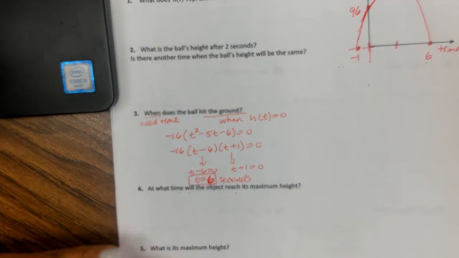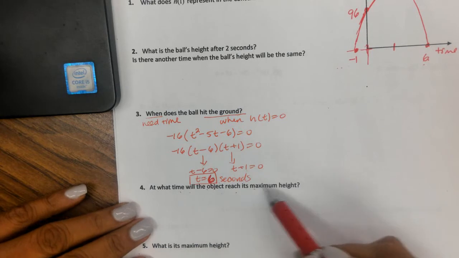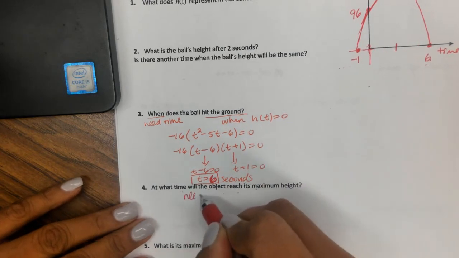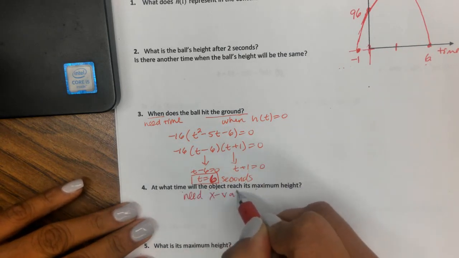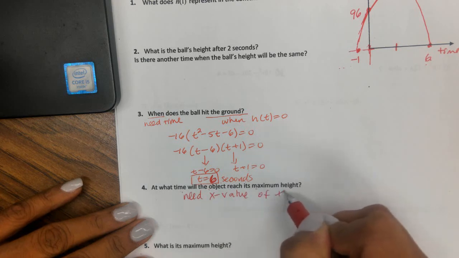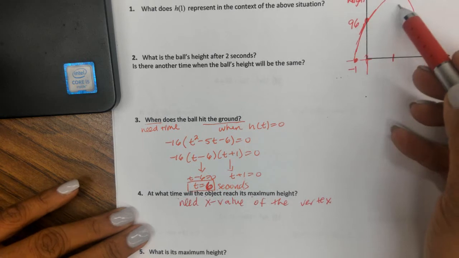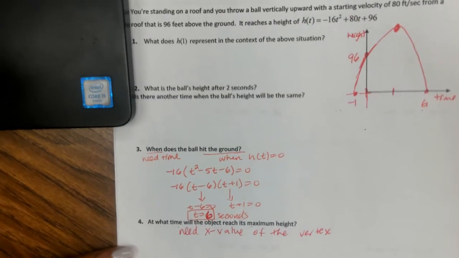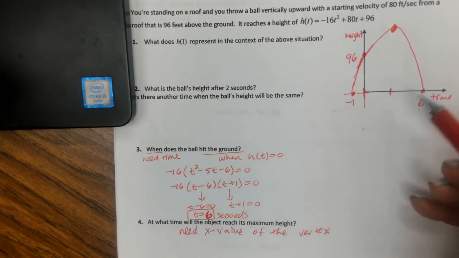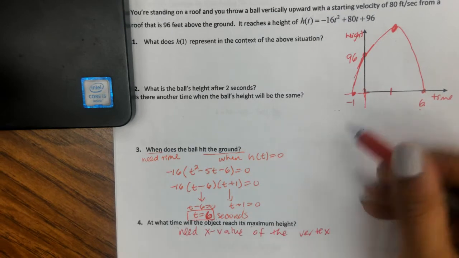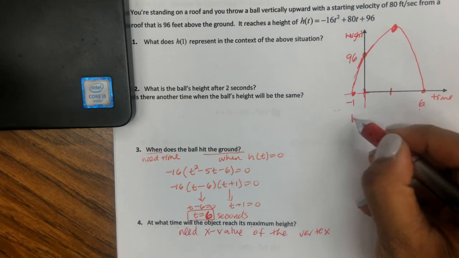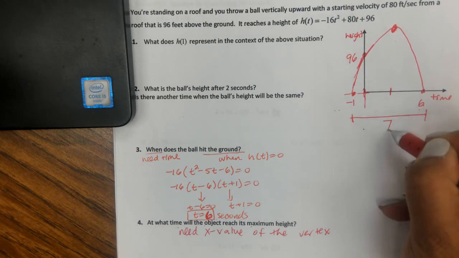So let's make sure you understand why number 4 wants the x value. So let me write that down. If it says what time will it reach the maximum height, we need the x value of the vertex, because the vertex is the tallest spot, and we want the x value. So here's what I was doing in class. This entire segment is 7 units long.